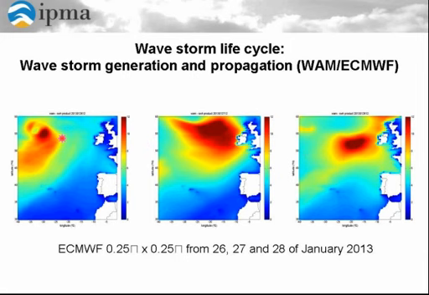Here we can see that on the 26th the waves are already at 10 meters, and the 27th and 28th are clearly more than 10 meters. I would say at least 12 meters. These waves on the 28th are already swell.